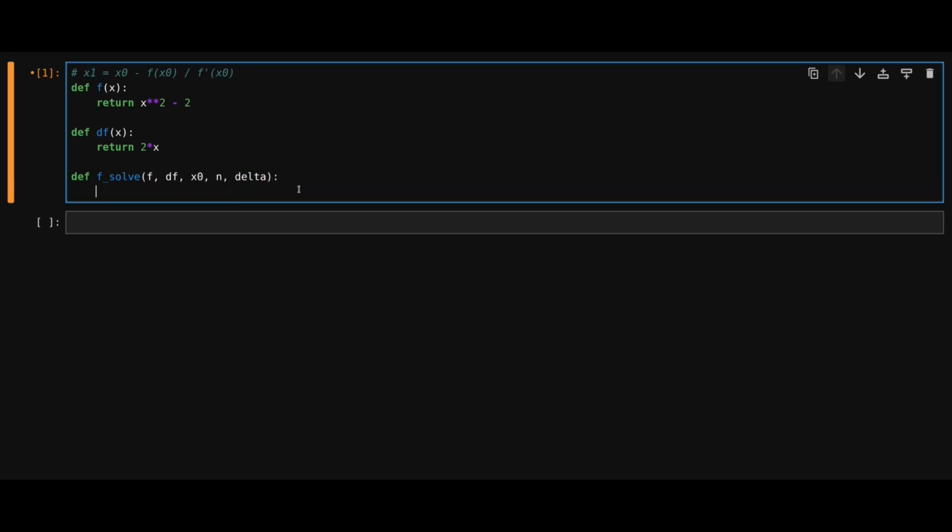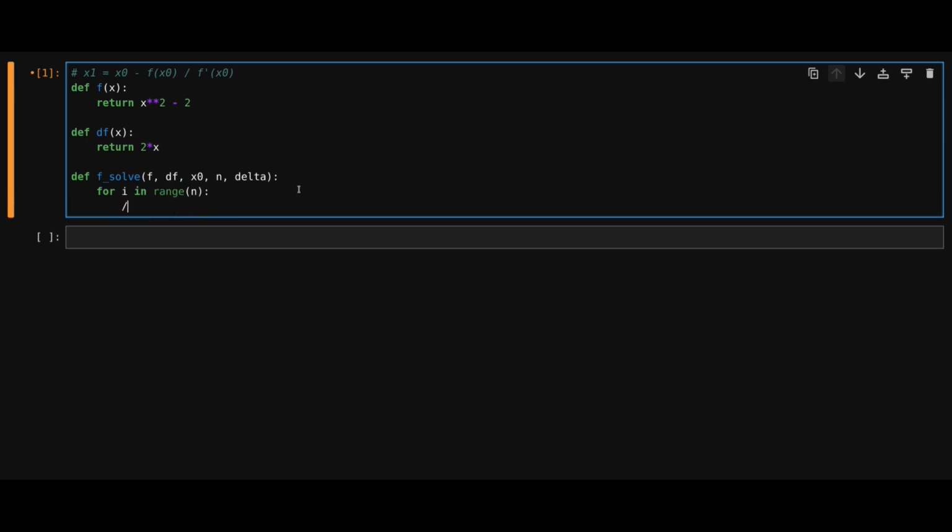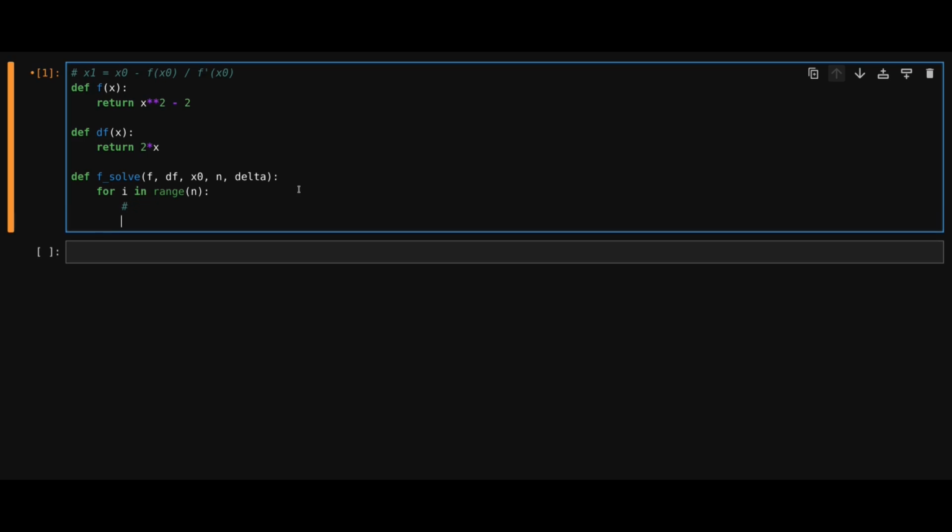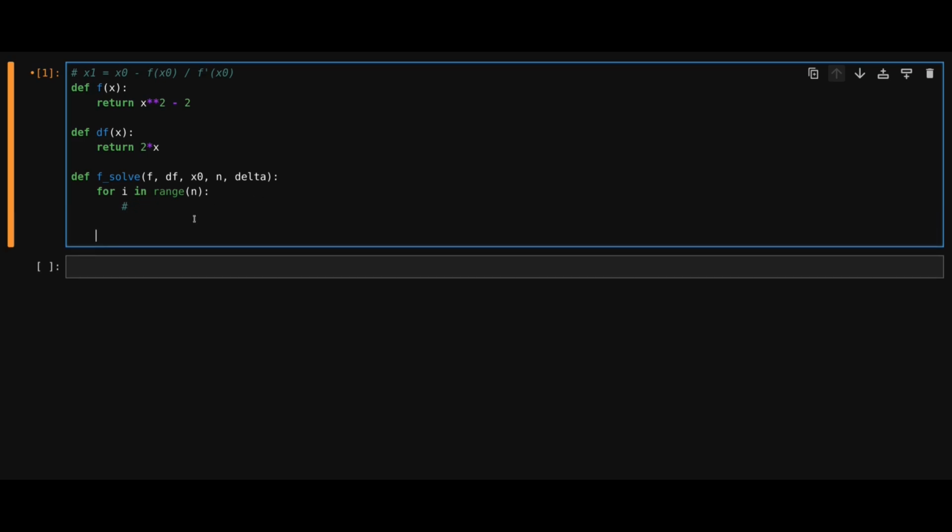Inside this, I'll say for i in range of n, we'll write some code over here later, and if this function does not return a solution within these n iterations, then we'll throw an error. So I'll type assert false, cannot find solution.